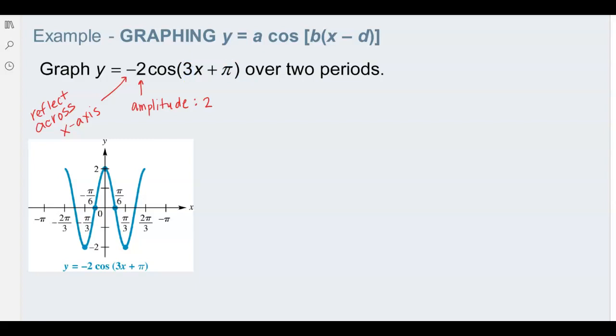We're going to factor that so that the 3 is in the front, and we end up with pi/3. What I'm doing is I'm dividing this by 3, and I'm also dividing this by 3 so that the 3 is coming out into the front, because the way the formula is written, the period is actually going to be outside of the parentheses.